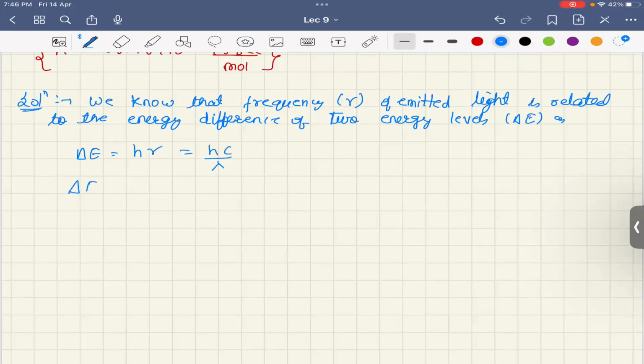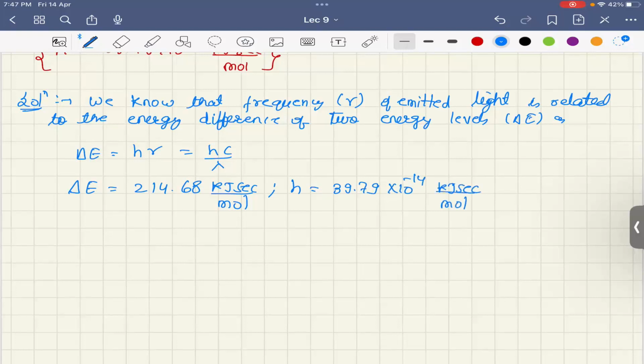We are already given the delta E value, which is 214.68 kilojoule per mole, and we are also given the h value, which is 39.79 × 10^-14 kilojoule second per mole.